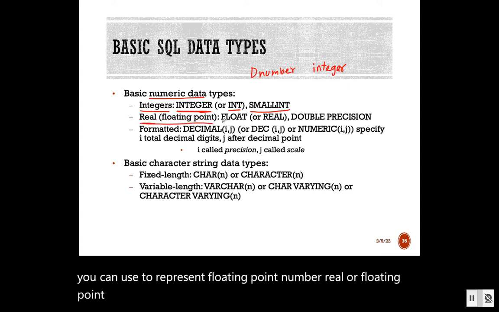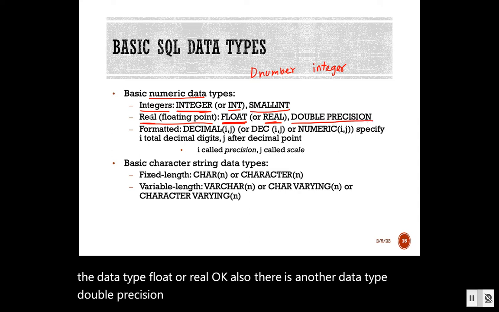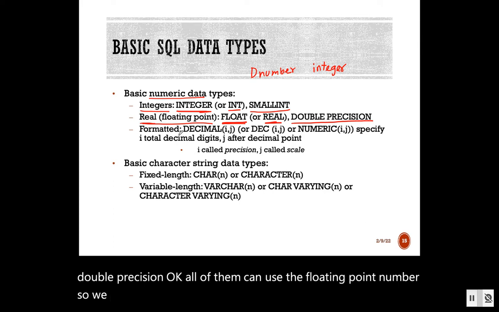For that we are going to use the data type float or real. Also there is another data type, double precision. All of them can be used for floating point numbers. We may also use numbers with some format.